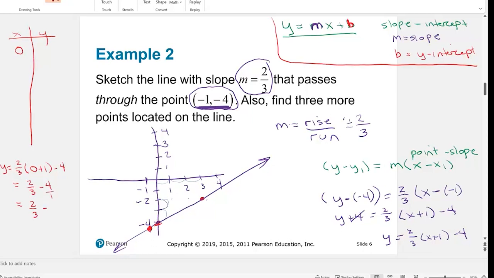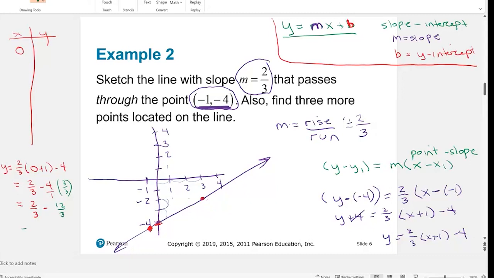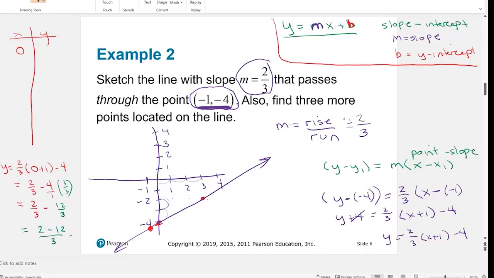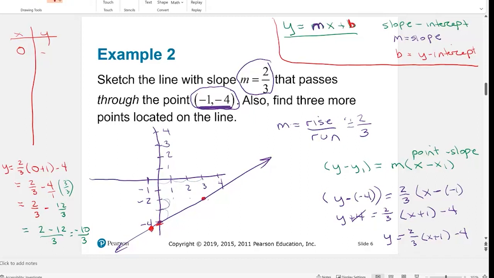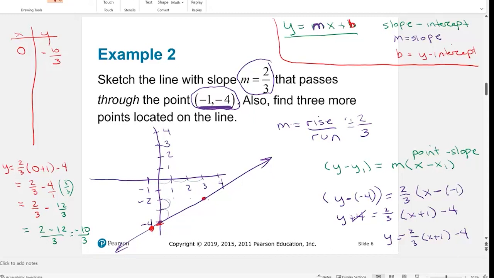So you can call this 4/1. Common denominator is 3, so I'm going to multiply this by 3/3. And what I get is 12/3. Let me put it together: 2/3 minus 12/3 equals -10/3. So now I have 1 point, right? When x is 0, y is -10/3.